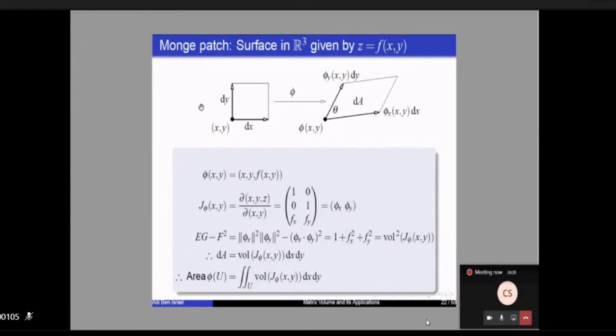So we can write dA as the volume of J phi dx dy. So this is for the area element dA, and in general, the area of phi u on the right is an integral over u in the left of that volume times dx dy. So this is the preparation for the change of variable formula in integration.